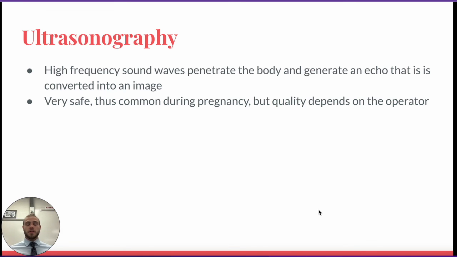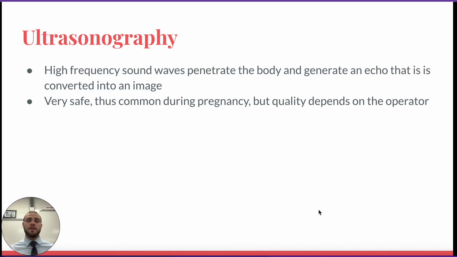One of the downsides with ultrasounds is that you're using sound waves and taking an echo and turning it into a picture, which is going to cause a lot of the quality of your image to decrease. And so it's very difficult to get a high quality image using an ultrasound.